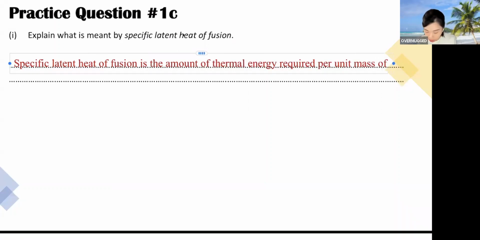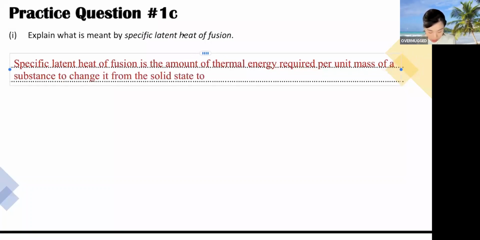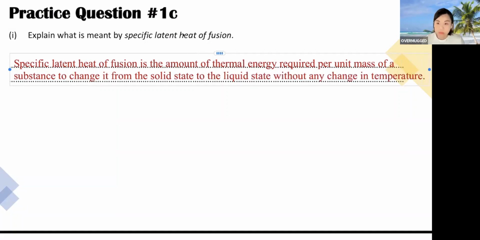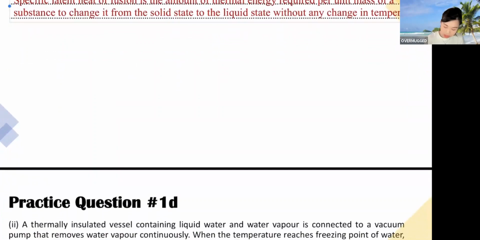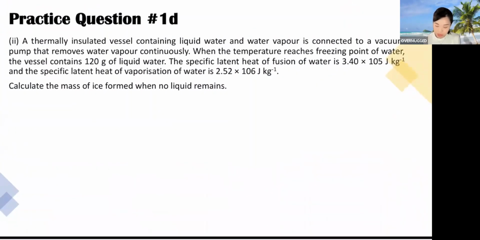Per unit mass of a substance to change it from the solid state to the liquid state without, and this is the key phrase, any change in temperature. Okay, so this is the latent heat of fusion definition. Very quick and easy. So now the next part.